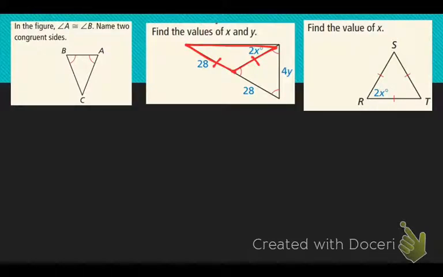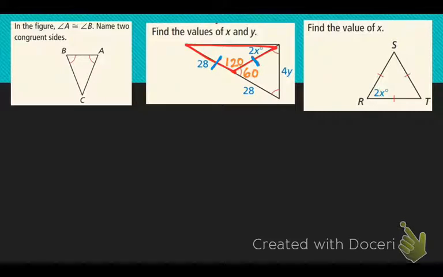What will the measure of this angle be, or how would I find the measure of this angle? 180 minus 60. Good. 180 minus the 60 degrees here. They're a linear pair. So 180 minus 60 is 120. So that's for that angle. And then 2 of my angles will be congruent because 2 of my sides are congruent.